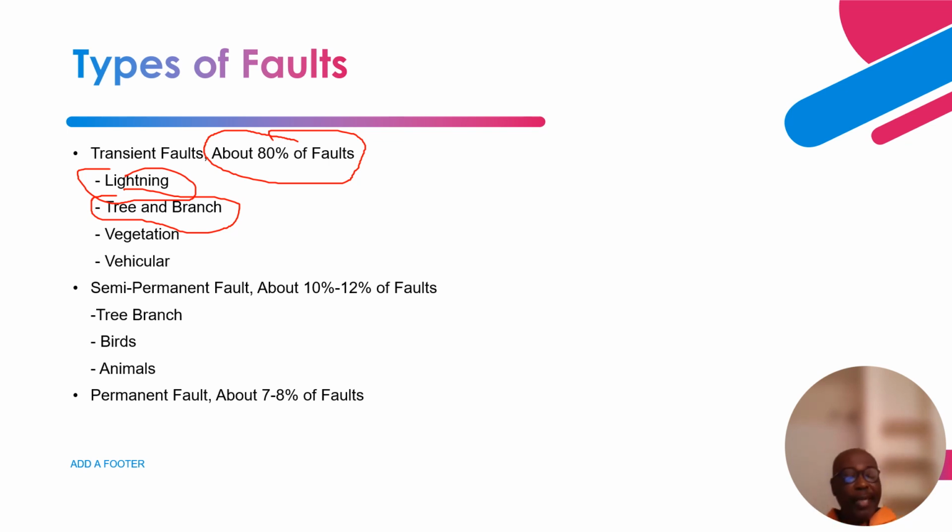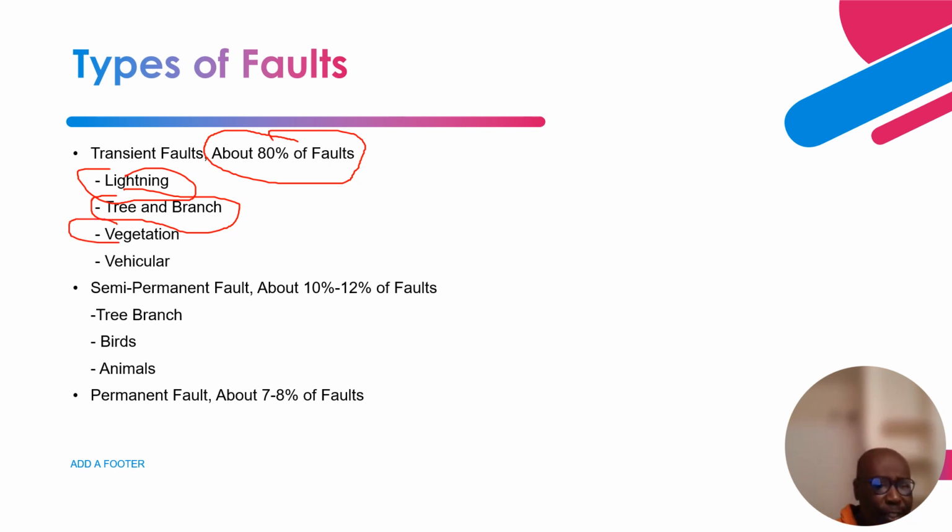Or the tree itself, based on high winds, depending on the velocity of the wind, can move the tree and its entire branches onto the feeder, where it can cause a phase-to-phase fault, then move back into its original position. So that is why they call them transient faults, because they are very temporary faults.